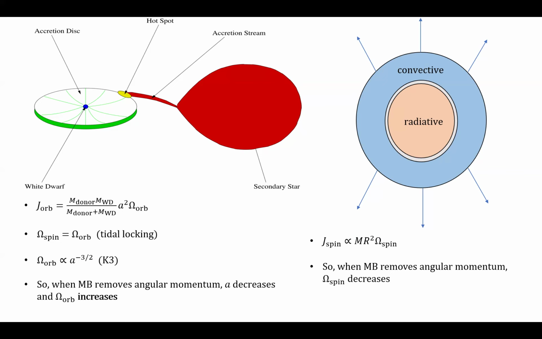Even if you have no angular momentum loss, if you transfer matter from a more massive star to a less massive star, the orbit expands.